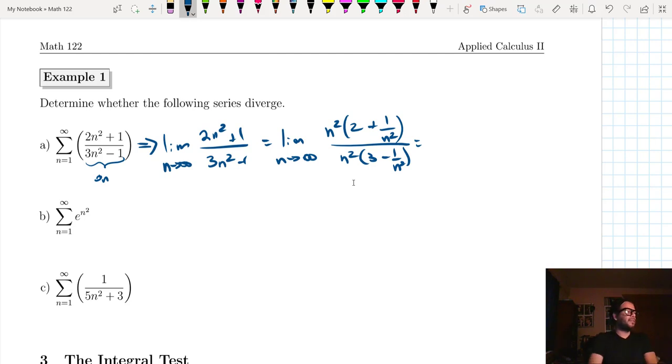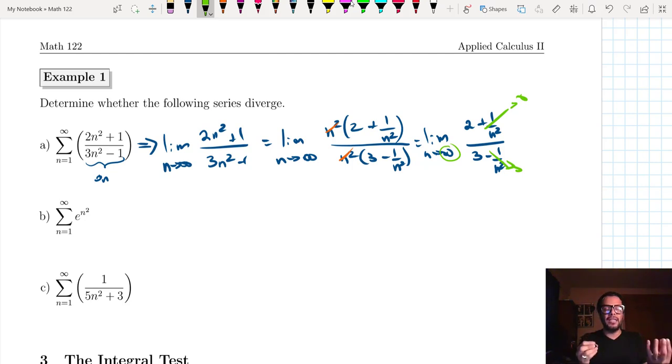We can divide out the n squared, leaving us with the limit as n approaches infinity of the quantity (2 plus 1 over n squared) divided by (3 minus 1 over n squared), where these two terms will go to 0. That's because when we divide by a huge quantity, that turns into 0.